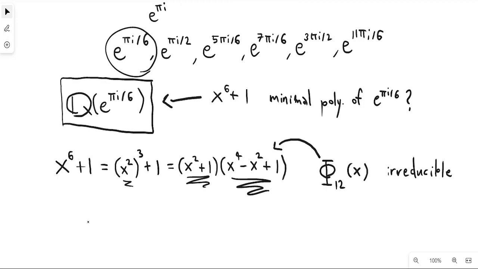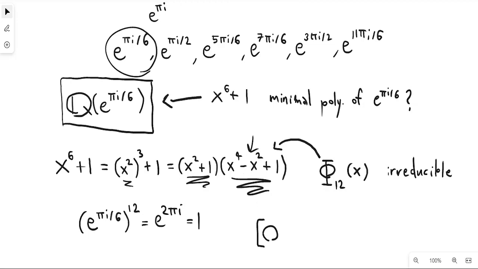So they're complex numbers that if you raise them to the 12th power, you just get 1. And it's easy to see that if I raise e to the pi i over 6 to the 12th power, that just gives me e to the 2 pi i, which is 1. So that tells me that e to the pi i over 6 is a root of this polynomial. And so that tells me that actually this is the minimal polynomial of e to the pi i over 6.